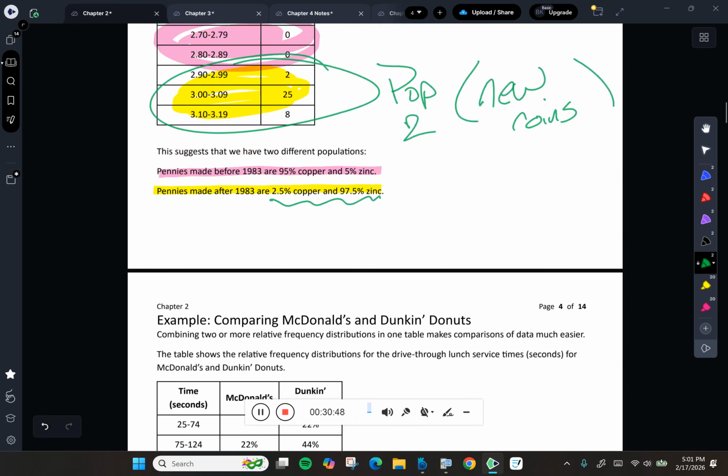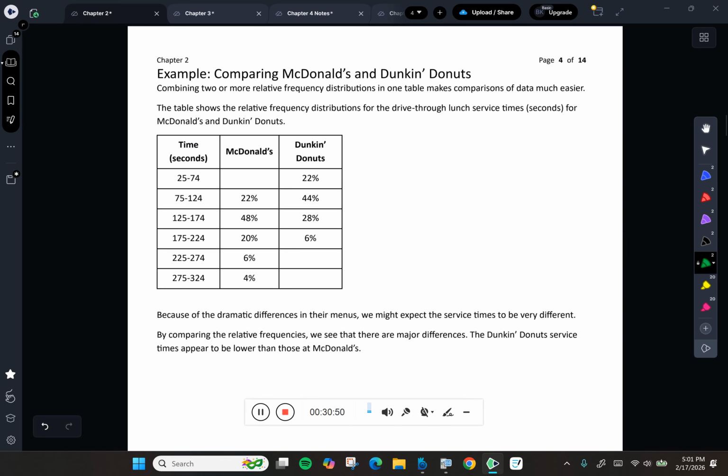Another thing you could do is you could map up two or more relative frequency distributions in one table so that we can compare data sets. So what I have here is times at McDonald's versus Dunkin'.